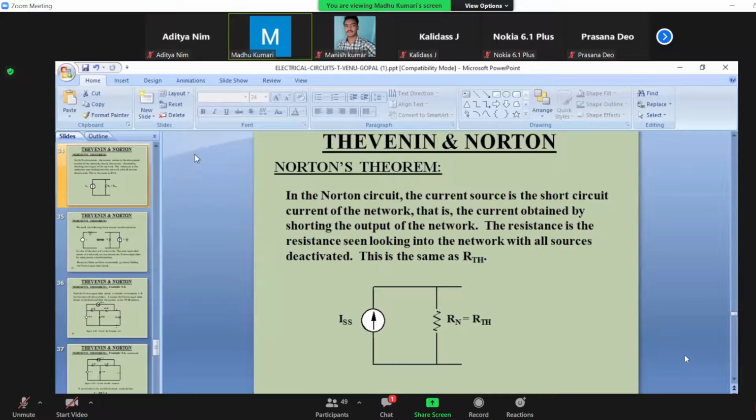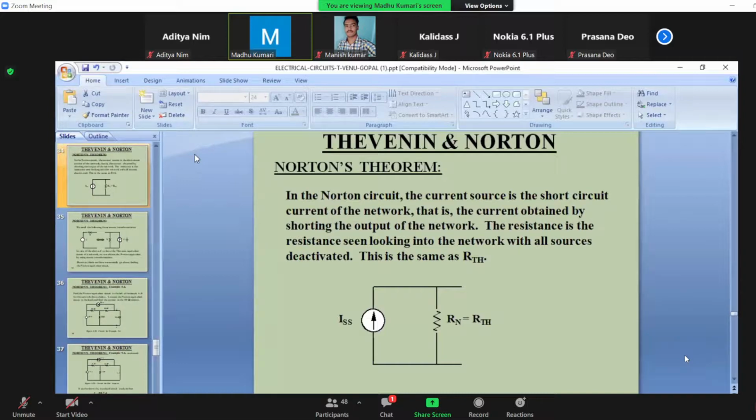I said earlier that if there is a current source, there will be a resistance, and that resistance will be in parallel. I said it. And if there is a voltage source, then there will be a resistance connected in series.